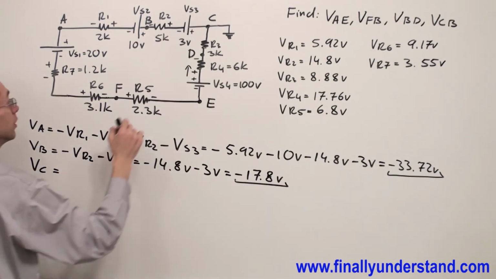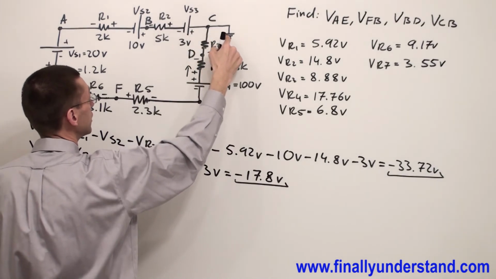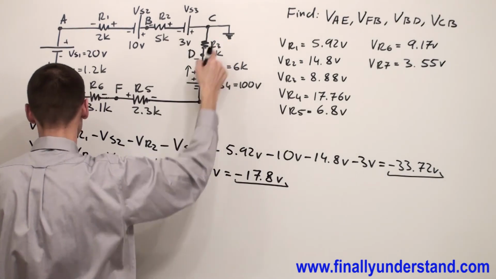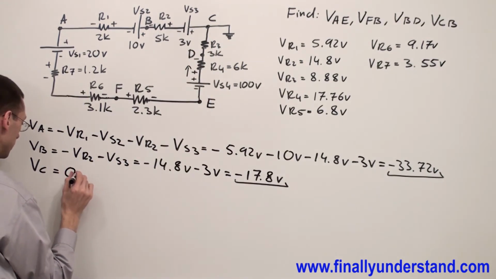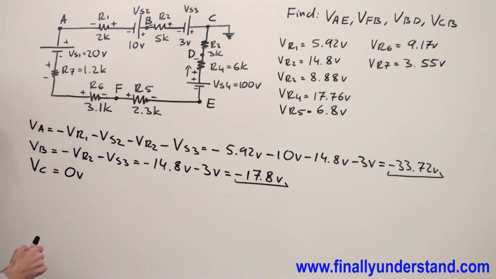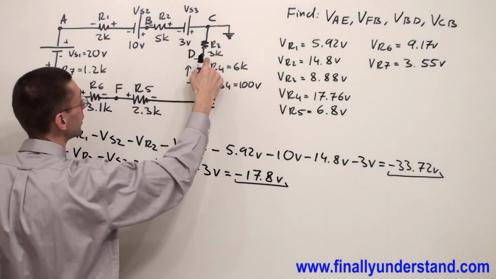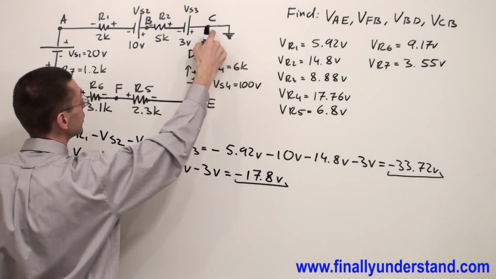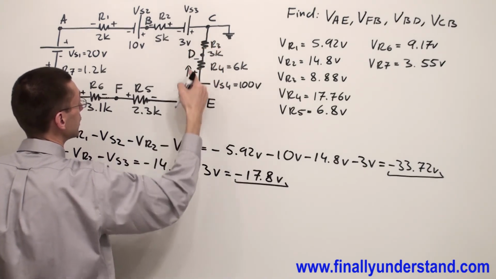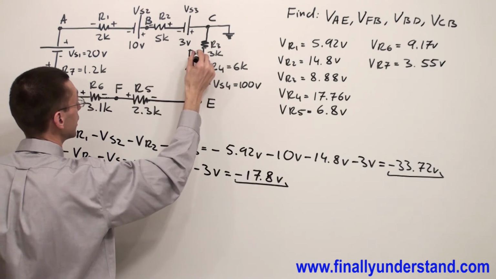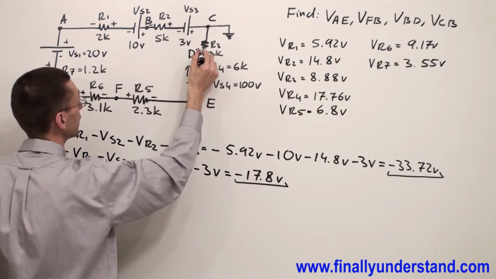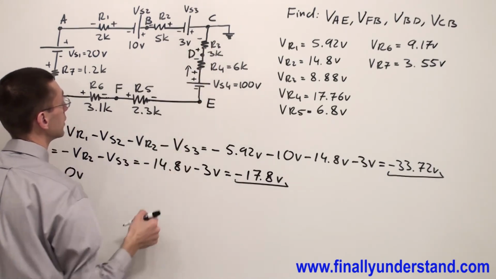VC. Point C is connected directly to the ground. That's why the voltage at this point is equal to 0 volts. VD is the voltage between point D and C. We said that current goes in this direction, so anytime current enters the component, we have a positive sign, and anytime it leaves, we have negative.